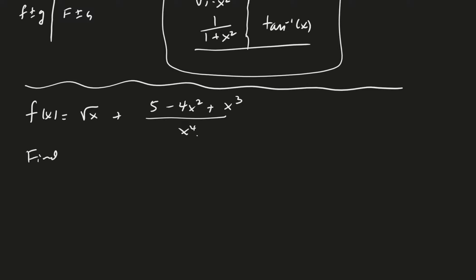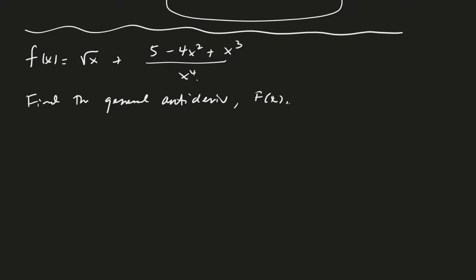Find the general antiderivative of f of x. Go ahead and pause the video if you want to try that yourself, and in a second we'll pick it up from here.